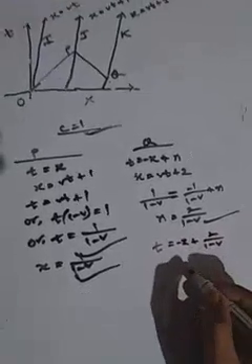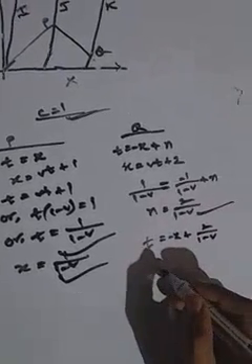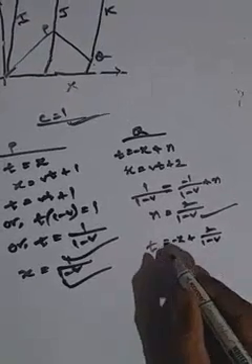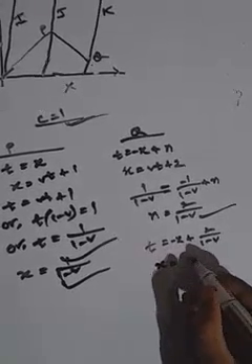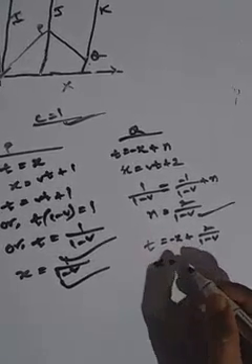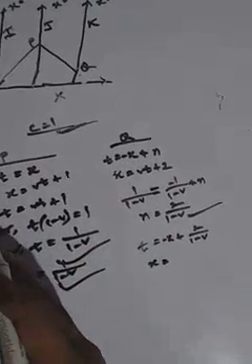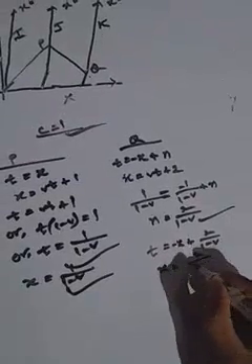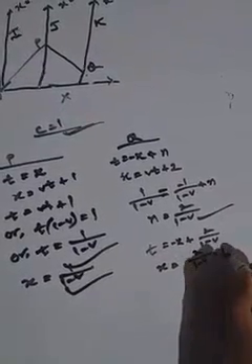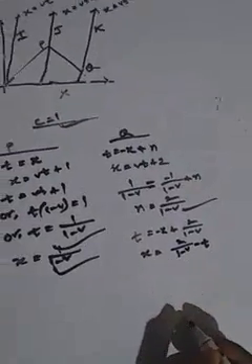Okay, now we have x equals, x goes to this side, so 2 by 1 minus v minus t, is it not? Yes.